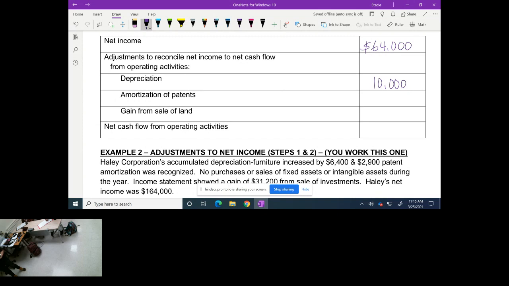Let's just say we came back to 64. And we have other stuff in there, but that's what we came back to. So your depreciation expense has already been taken out. That 64 is net of depreciation expense. Does that make sense? I feel like I'm not explaining this very well. Anybody like totally lost?